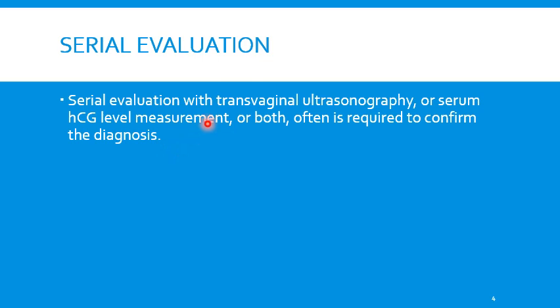This means if the first transvaginal ultrasonography is unable to confirm the diagnosis, it has to be repeated. And this investigation, transvaginal ultrasonography, is often supplemented with repeated HCG level measurement.